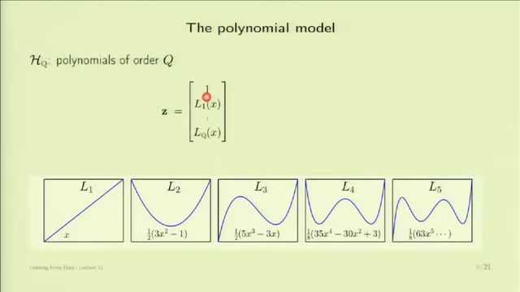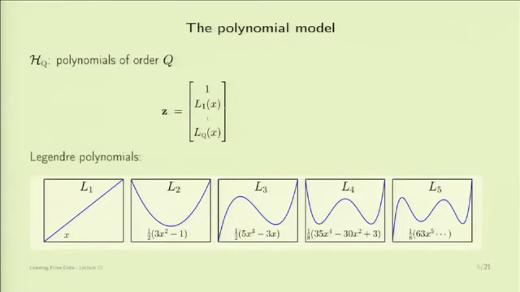You start with the mandatory 1, and then you have Legendre of order 1 up to Legendre of order q. When you combine these linearly, you are going to get a polynomial of order q. Not a weird polynomial of order q, just a regular polynomial of order q, just represented in this way. So if you actually sum up all the coefficients, there will be a coefficient for the constant, coefficients for x, coefficient for x squared, up to x to the q.